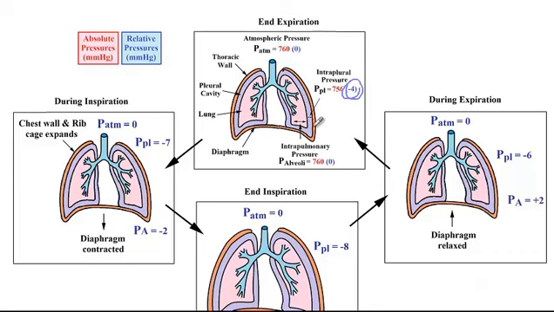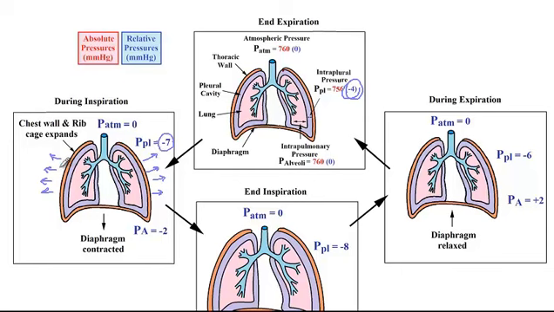So now what happens during inspiration? During inspiration, the chest wall will continue to expand. And so consequently, the amount of vacuum in our intrapleural space will become more. So here the intrapleural pressure will further decrease, and this decrease in pressure will pull the lungs outward.